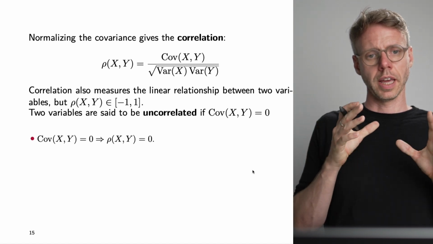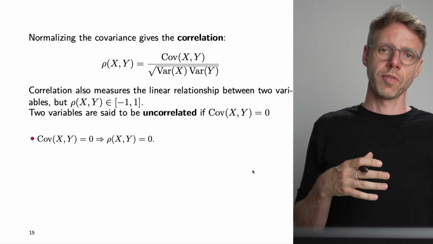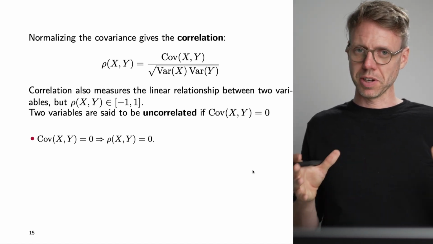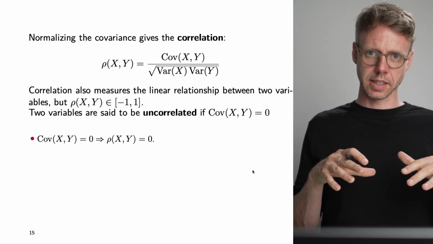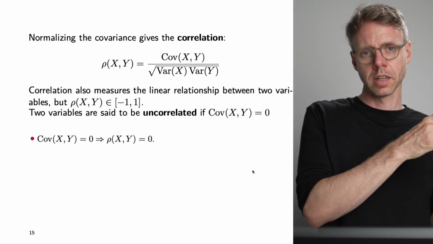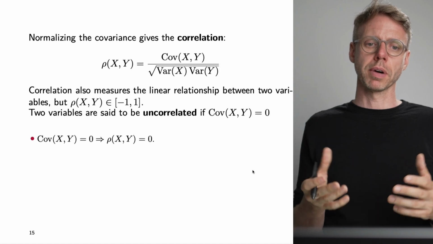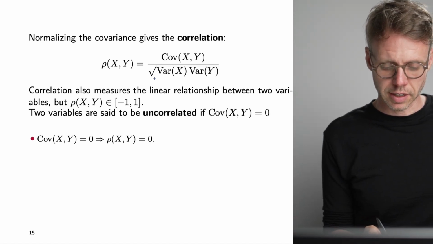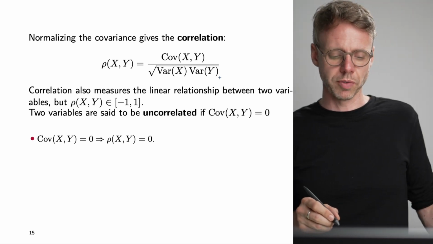We can take now the covariance, which does not lie in a particular value range, and normalize it to go from -1 to 1 only by dividing it by the square root of the product of the two variances.